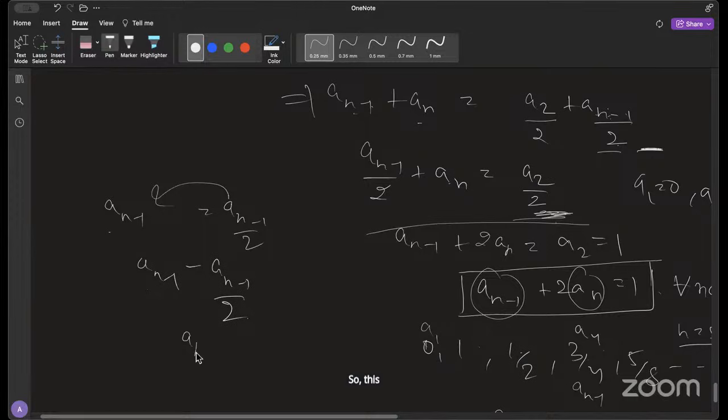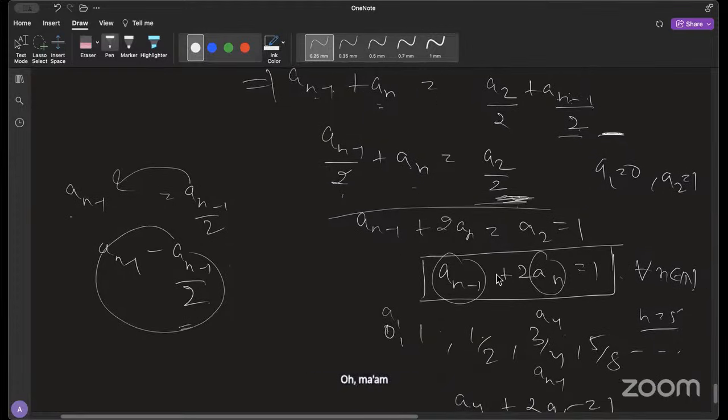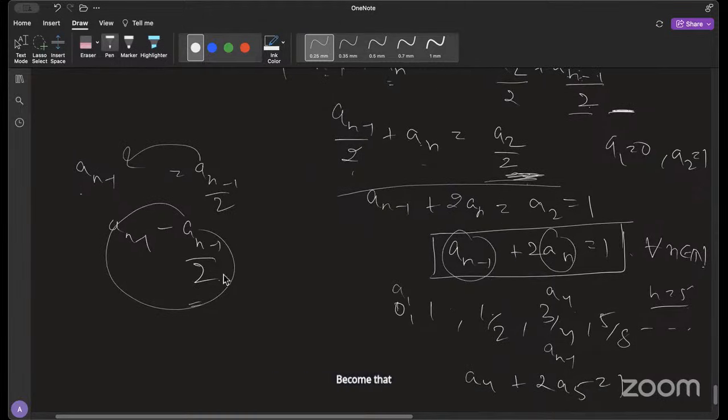So this is just an minus 1 by 2, right? And then the rest of the expression we've kept the same. How does an minus 1 minus an minus 1 by 2 become that? Take an minus 1 common from here. It's 1 minus half only.